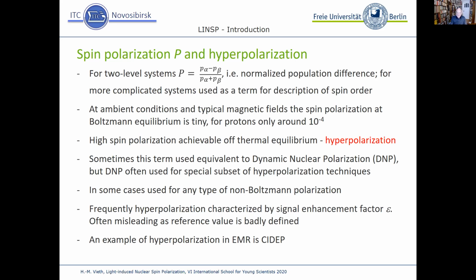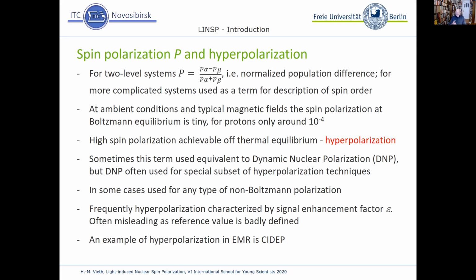So we always have to say what we mean with DNP. So hyperpolarization is in most cases used for any type of non-Boltzmann polarization, non-thermal polarization, even if it's smaller than the Boltzmann polarization. As you probably know, hyperpolarization is often characterized by what's called a signal enhancement factor, usually termed epsilon.